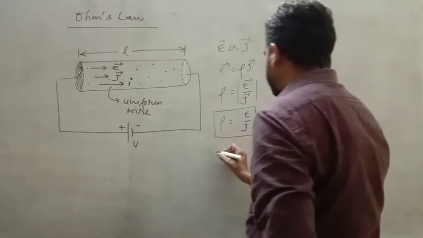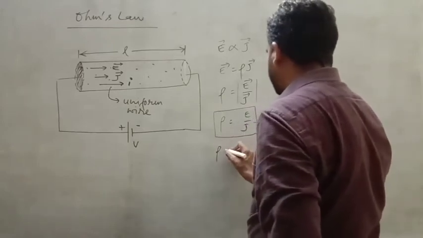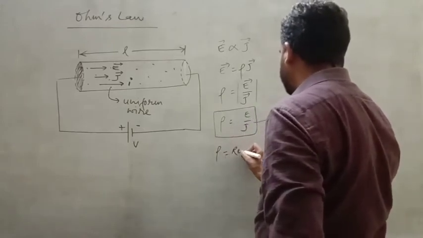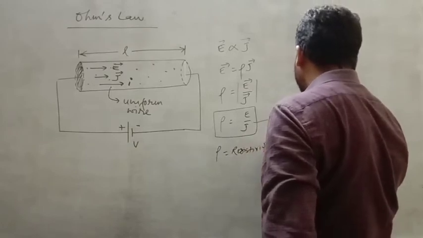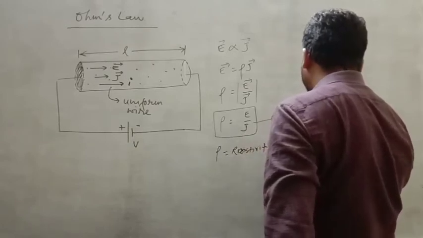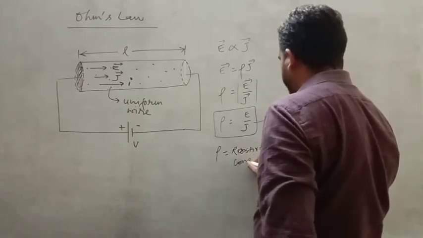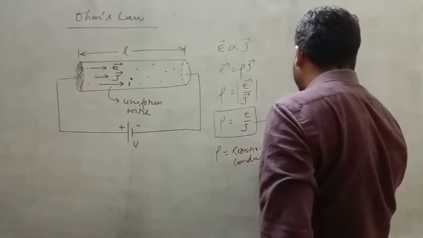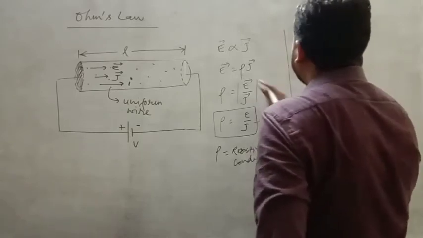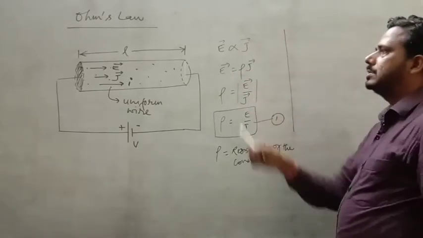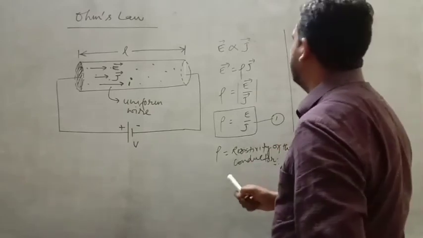Okay, so I am just writing here that rho is the resistivity of the conductor. Alright, okay, so it is just according to this law, that is Ohm's law.